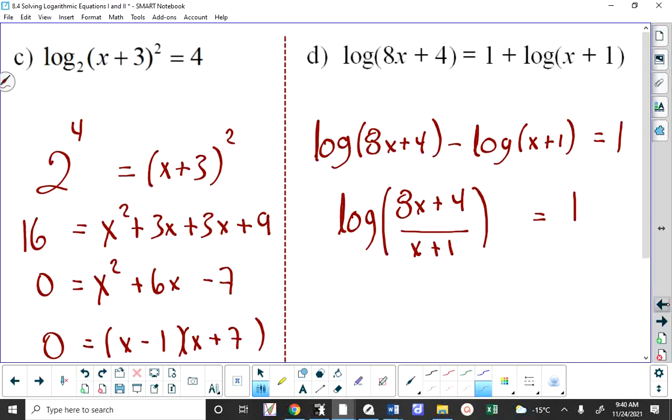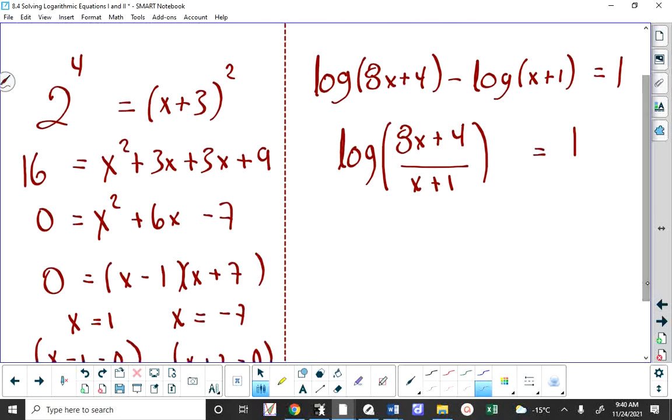And I'll tell you right now, a very common mistake is to write the following. That's not correct. And I think why people write that is they don't see the base, so they don't think about the base. Log without a base is the common log, which is base 10, which means the argument is not equal to 1, it's equal to 10 raised to the 1. Don't forget that base.